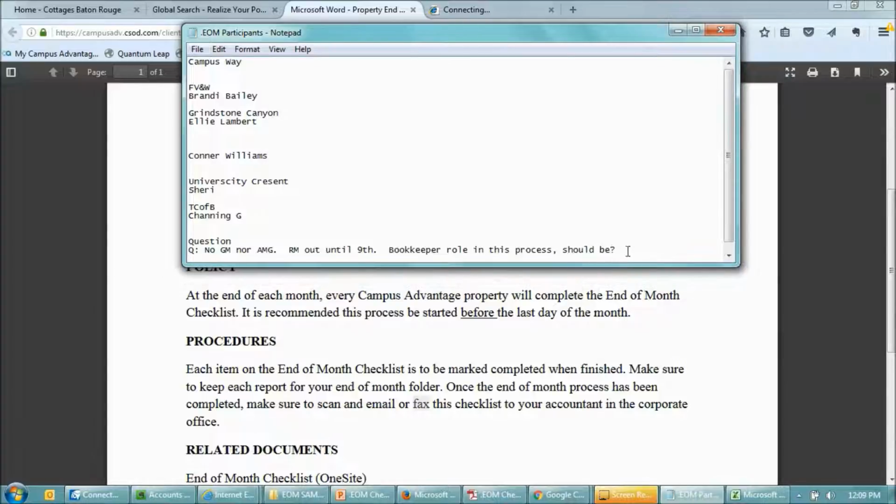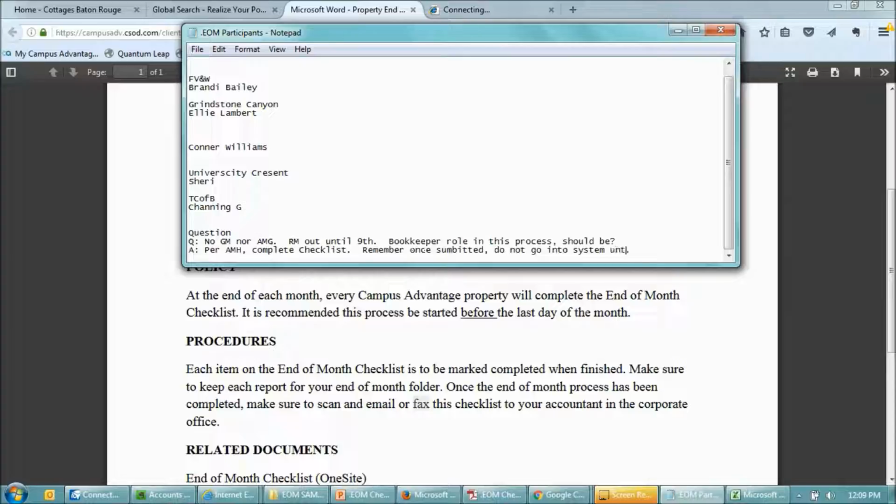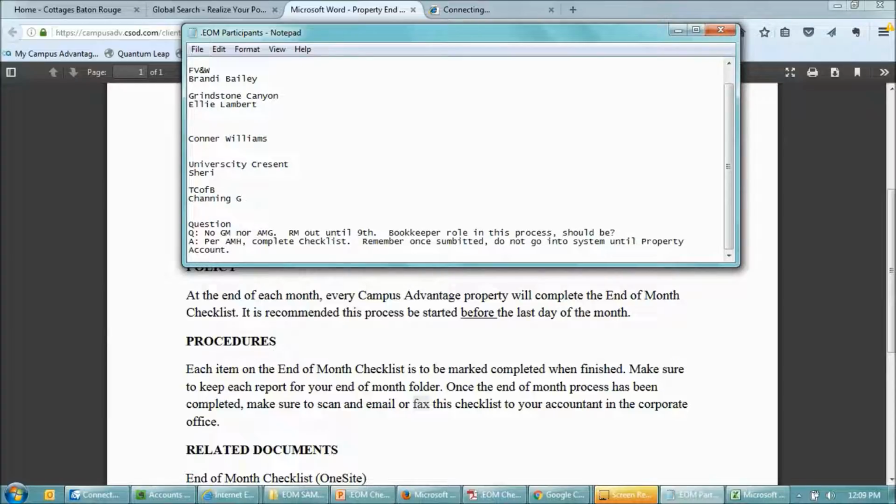So even if you see them on the 1st, if you haven't received a notification, don't go in, because that means we're not done yet. We have a couple more steps to make sure everything is transmitted. So just wait to get the notification from your accountant. They want you back in the system as quickly as possible, so I promise you, they're not going to forget to email you and let you know.